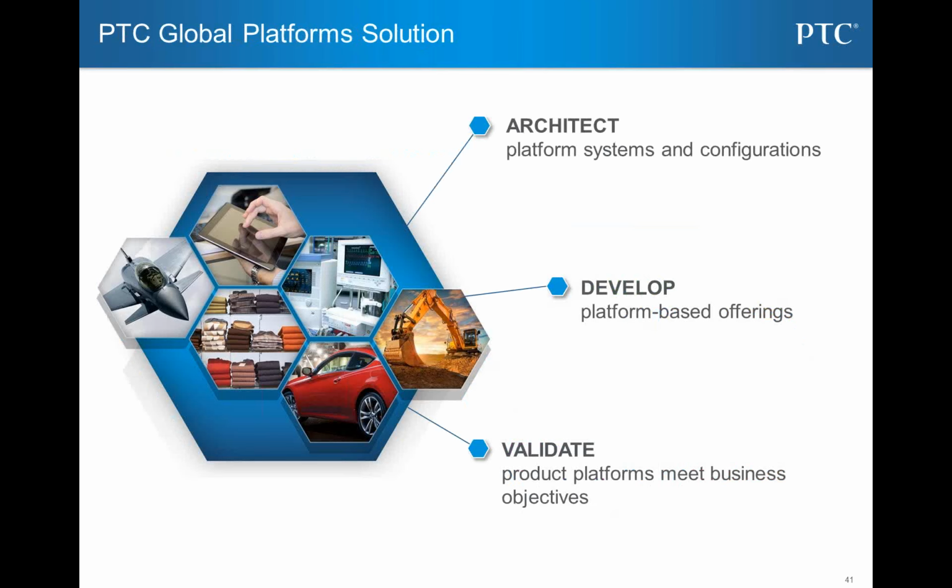And so our goal is to build a solution that you can use to develop a platform for your products, and then where you can support a bunch of variations and configurations that are planned up front, and then validate those different platforms before they're actually built and delivered.